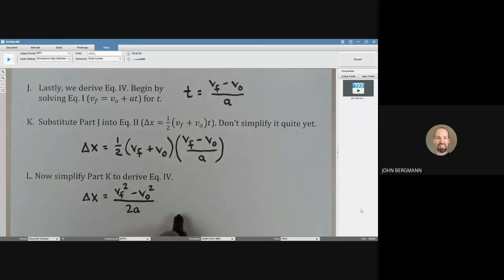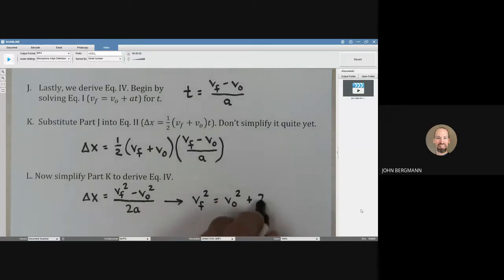Can we rearrange this? What does equation 4 need to look like? You could look back at what we did a couple videos ago, but usually equation 4 is solved for VF squared. What would that look like? The 2A would be multiplied by the delta x, and then we'd add V naught squared.